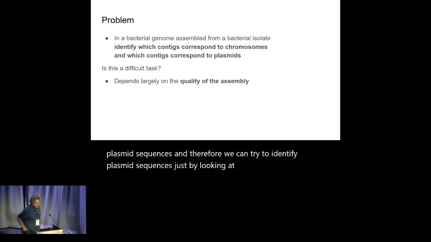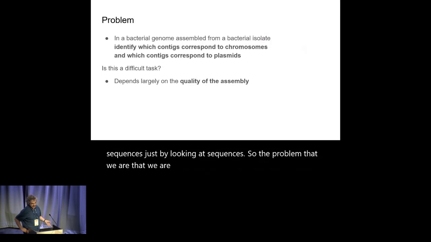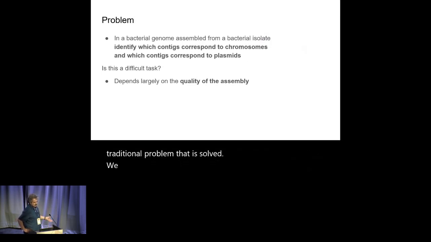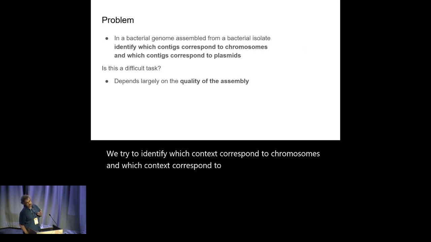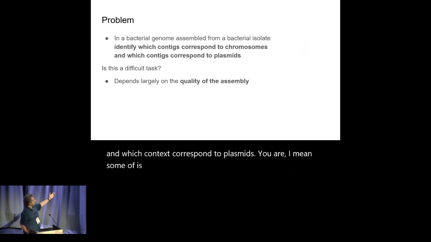So the problem that we are addressing, and that is a traditional problem, is: we have a bacterial genome assembled from a bacterial isolate. We try to identify which contigs correspond to chromosomes and which contigs correspond to plasmids. Some of you know, is it a difficult task? Is it not? Well, it depends. It depends how good your assembly is.